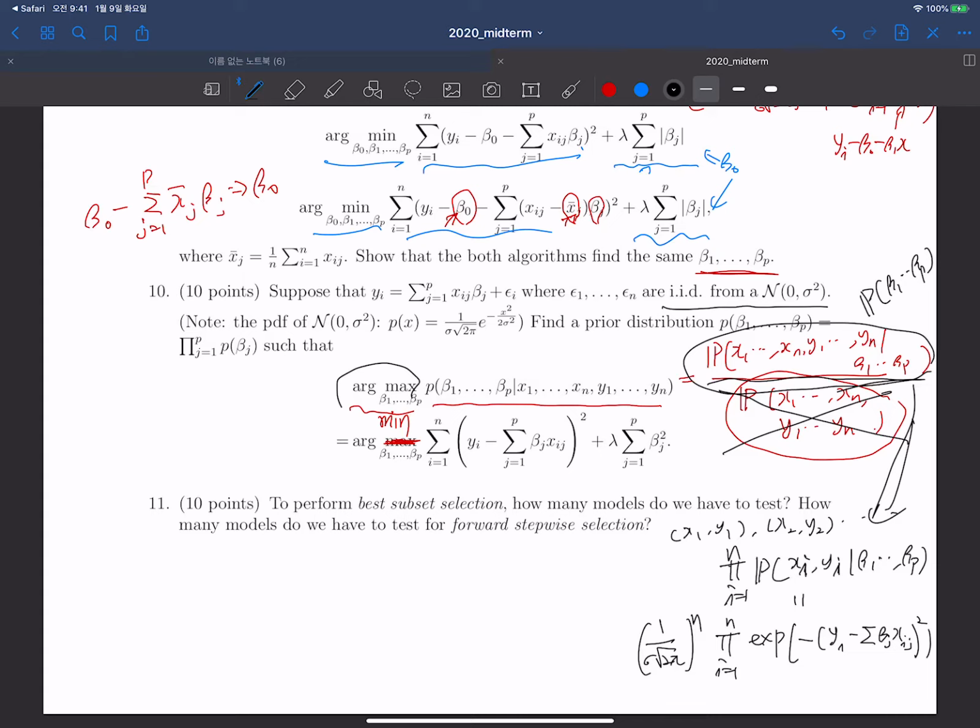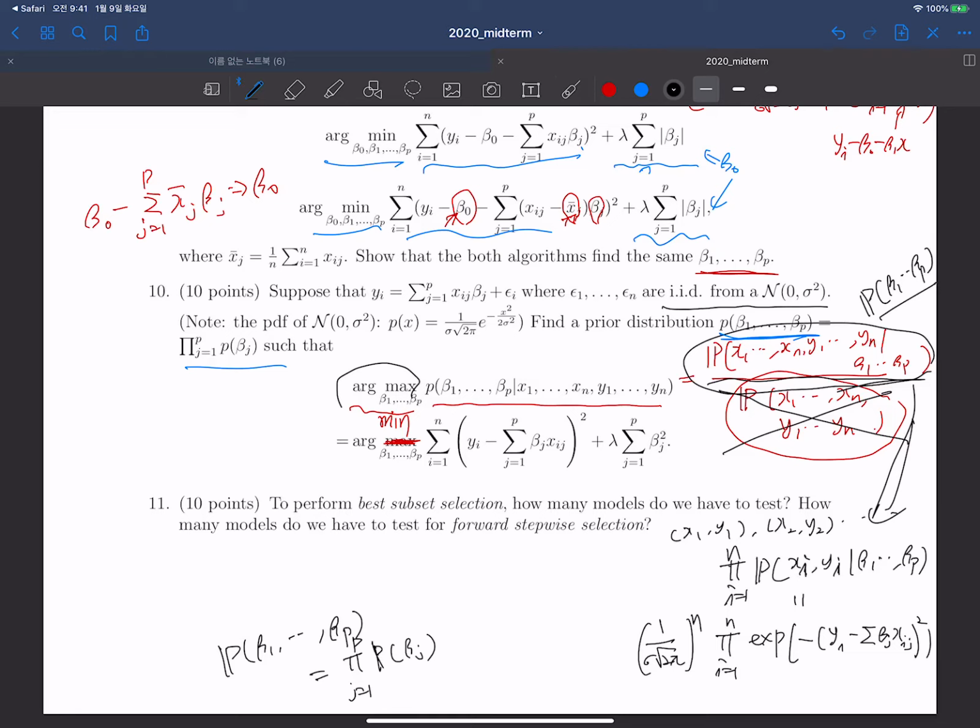And this part, the probability of beta 1 through beta p, is this because we assume that. Right? So this is equal to the product of the probability of beta j, j from 1 to p.